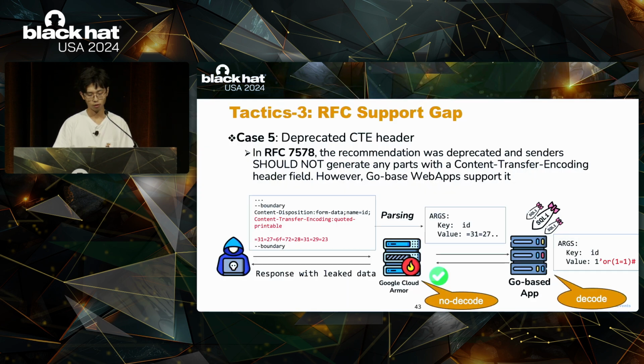In this case, we found that Go-based web app will automatically decode with the content transfer encoding header. So this encoding data will be decoded to this SQL injection payload. However, in RFC 7578, this feature is deprecated and almost no WAF supports this feature, so that the attacker can leverage this header to encode their payload and evade the detection of WAFs.